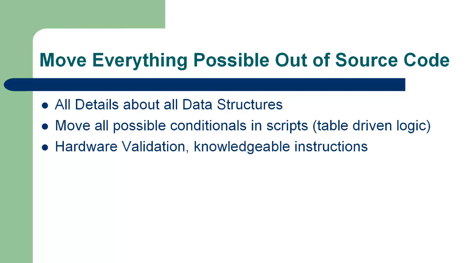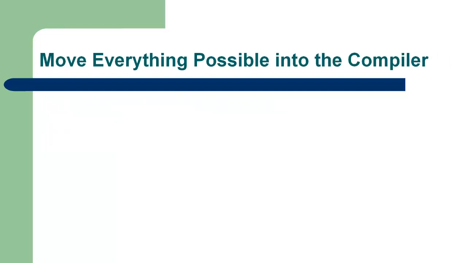Or this is a Boolean. No, I cannot add 2 Booleans together. It makes no sense. And so we get knowledgeable instructions at the hardware level. And then this gives us far, far superior software because we're validating at the hardware that, yes, this operation can be done.